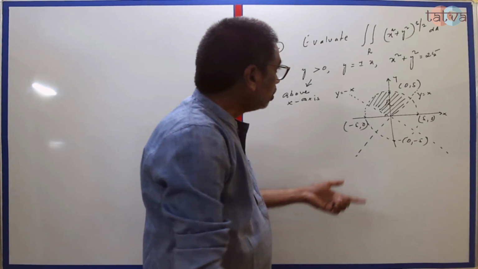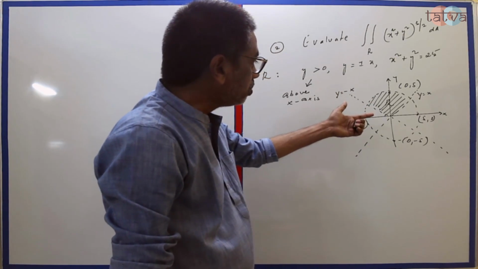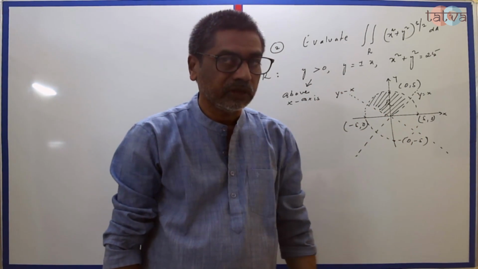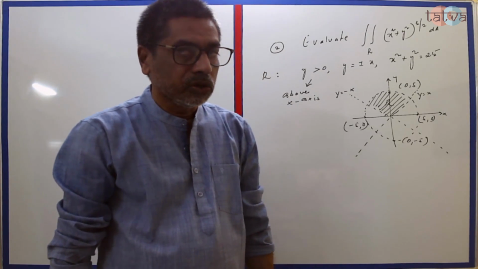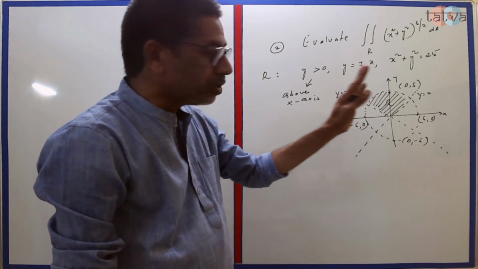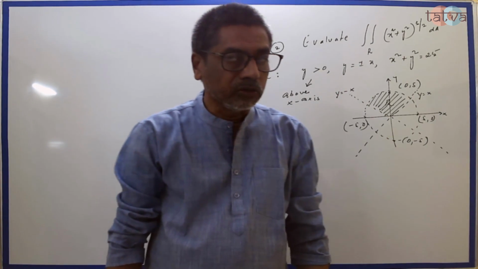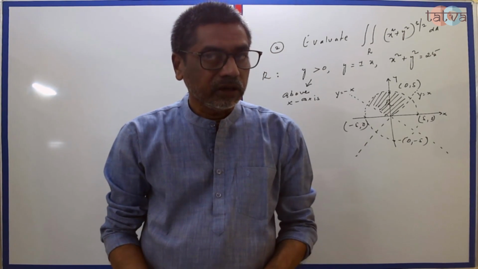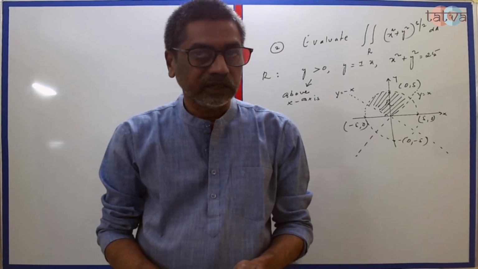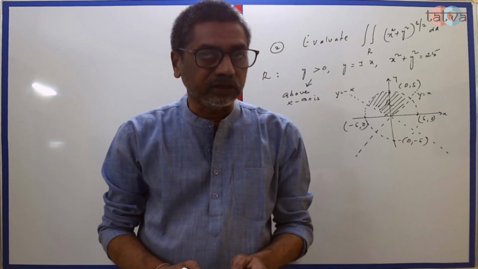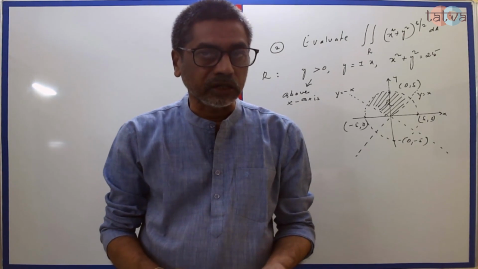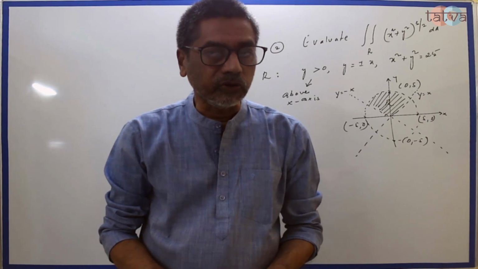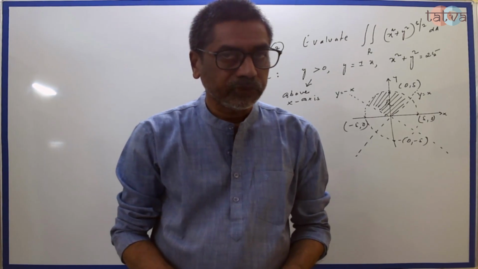Now, if you have to do this problem in the Cartesian frame, it's extremely difficult. Extremely difficult. So, I will convert to polar. If you have understood my presentation on polar coordinates, I have emphasized that a region that is bounded by a polar curve like a circle, etc., is very, very convenient to evaluate in polar coordinates.